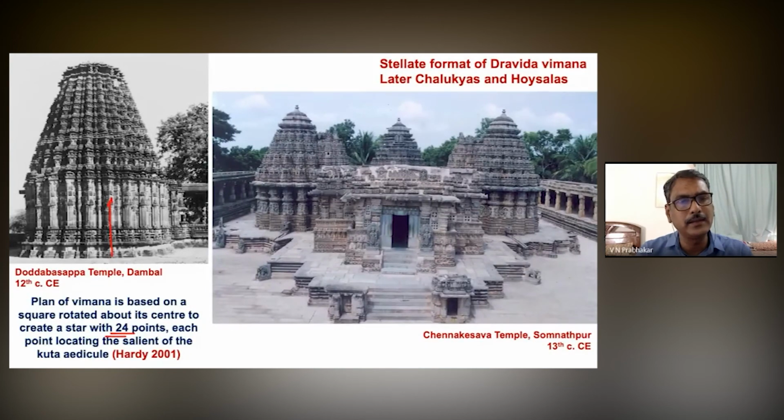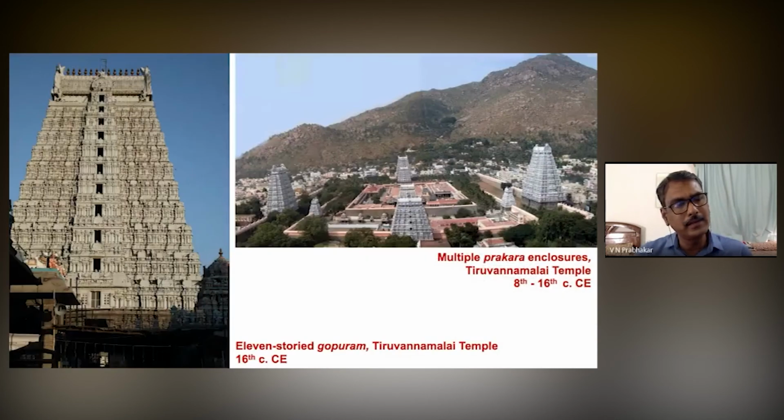You can see the plan on the ground. It projects up to the wall and also on the Vimana, and it reaches up to the top. So this is a typical format developed by the Hoysalas, and the most famous examples are this one, the Chennakeshava temple at Somanathpur, and also the Dodda Basappa temple at Dambal. So these are some of the important examples.